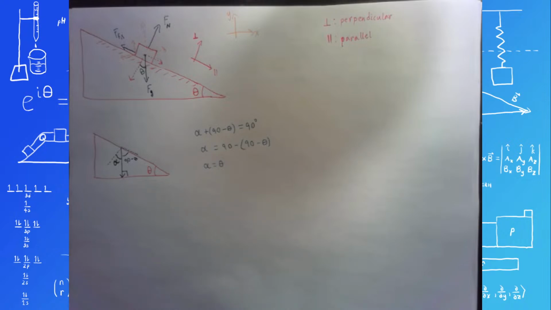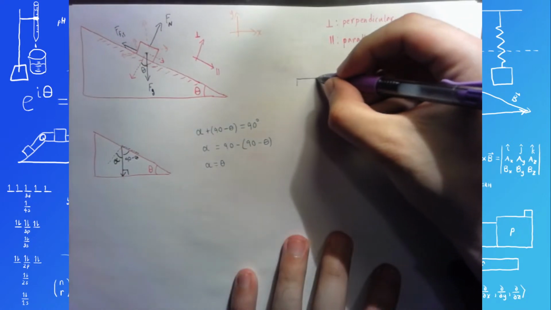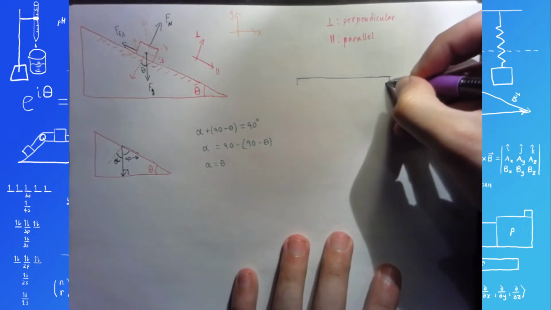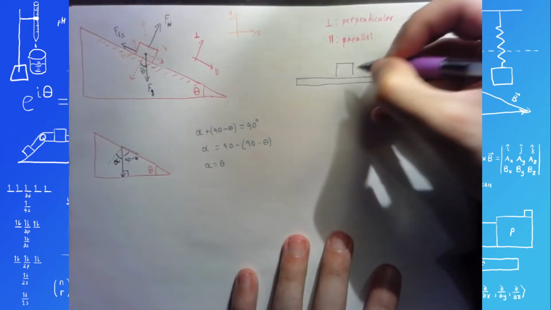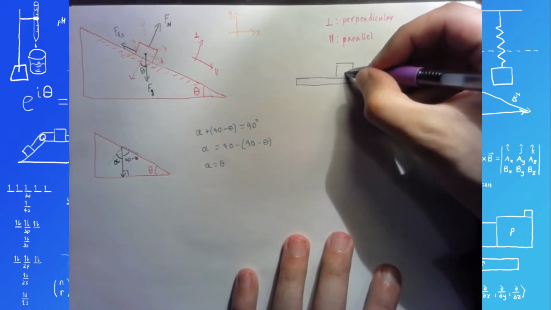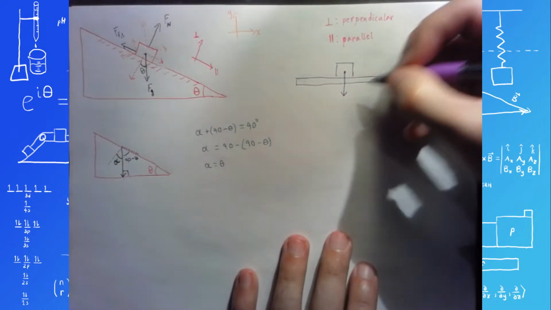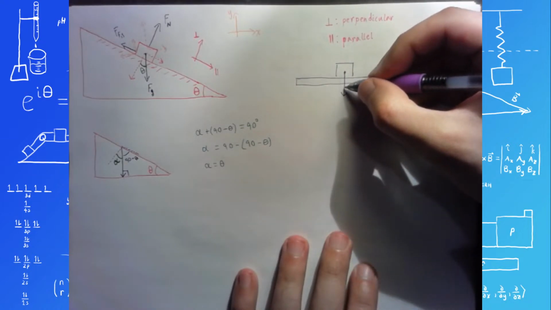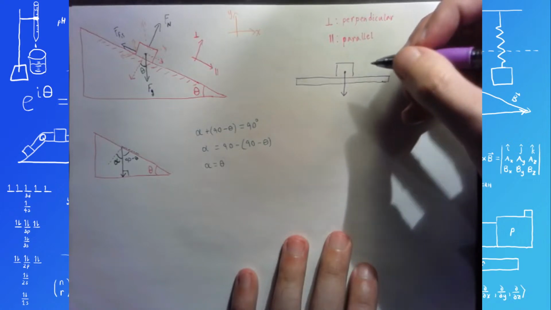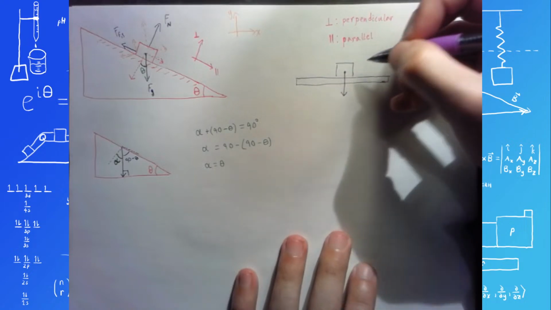If you think of it as starting with a block on a flat surface, like that, with the force of gravity straight down. So here, the perpendicular direction to gravity is the same as the direction of gravity, but then you start tilting this up.